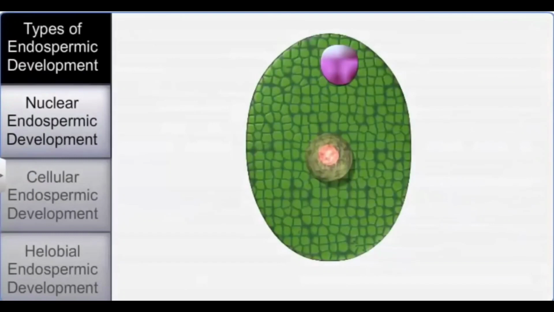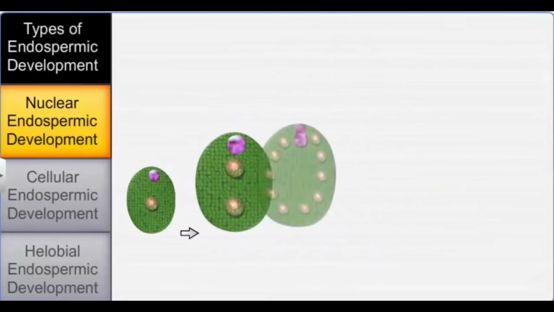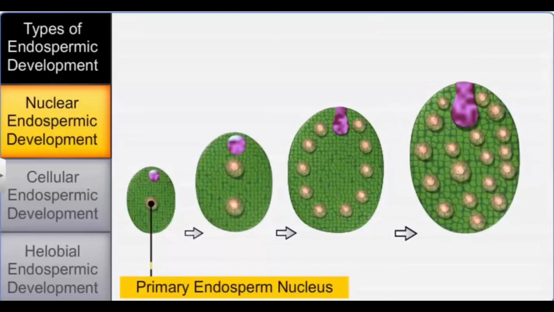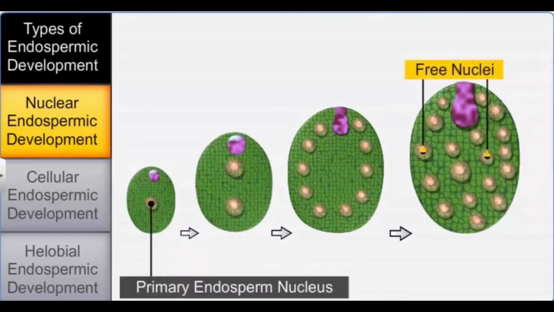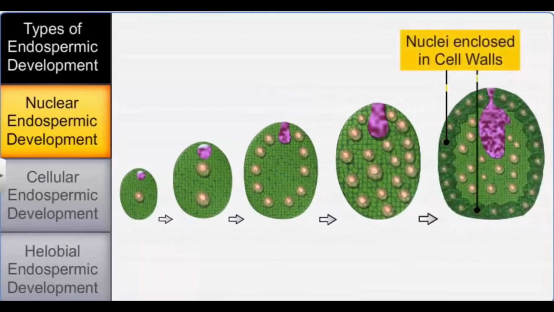In nuclear endospermic development, which is the most common type of endosperm development, the primary endosperm nucleus divides mitotically and forms free nuclei. This division is sometimes followed by cytoplasmic divisions from the periphery.